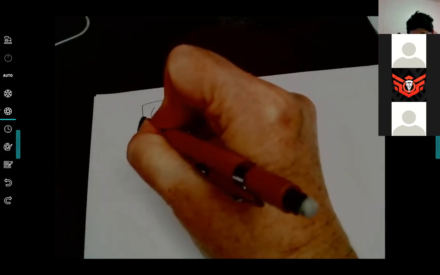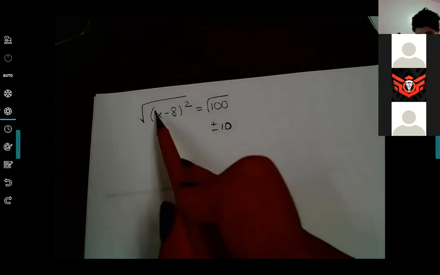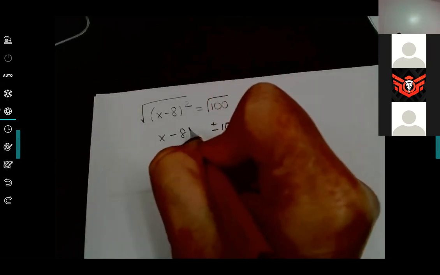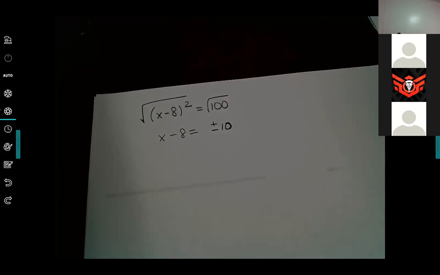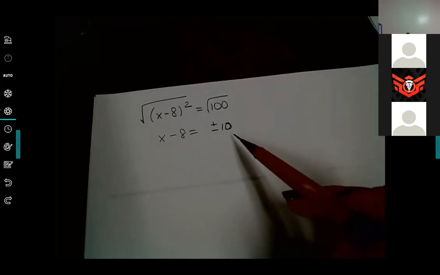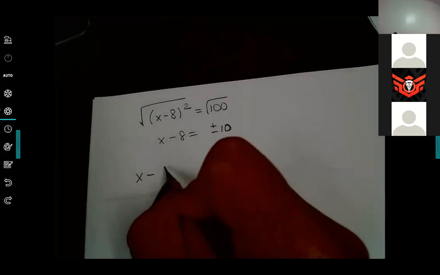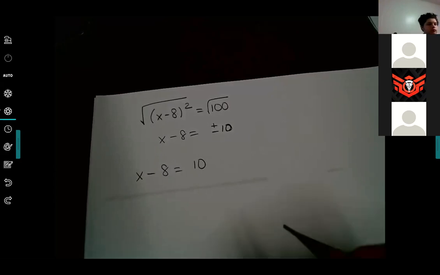Okay. Now, guys, on the left, when you take the square root of (x minus 8) squared, what do you get? X minus 8. Yes. So this is one where your answer is plus or minus 10. You're going to write two baby equations. X minus 8 equals positive 10.